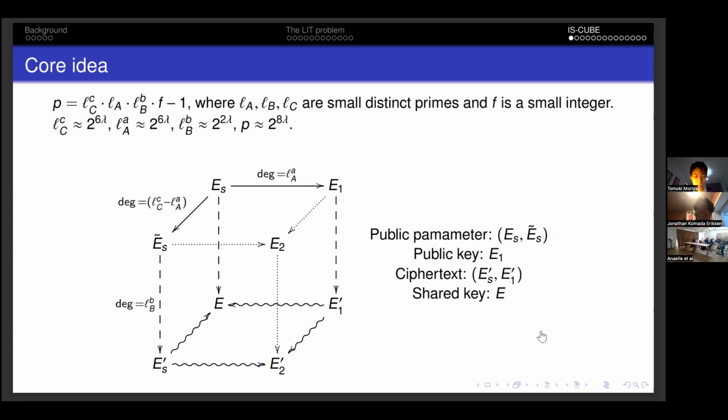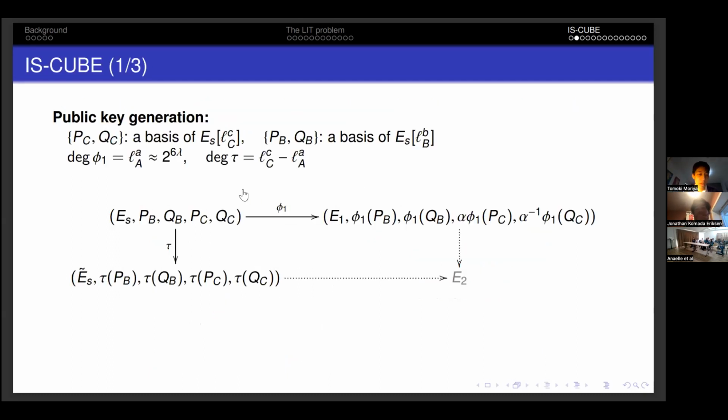Okay, next I explain more detail of this scheme. Let PC and QC be a basis of ES[LC], and PB, QB a basis of ES[LB to B], and let the degree of phi I be LA to A, so it is almost the same as 2 to the 6 lambda.